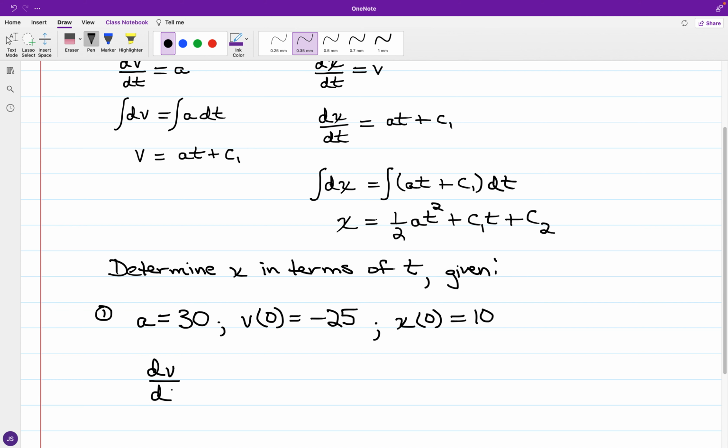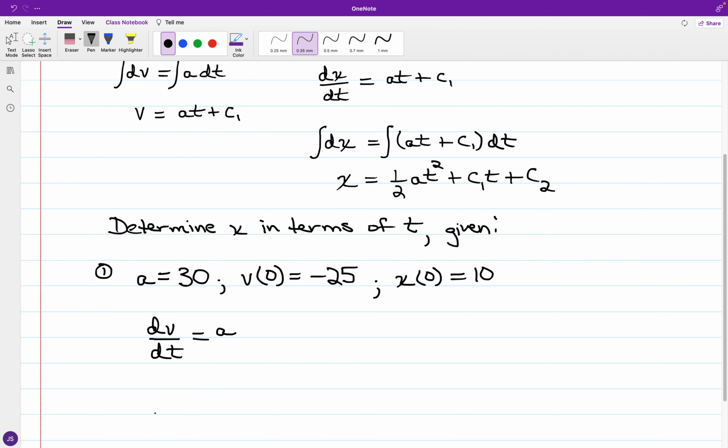Looking at setting things up, by the definition of acceleration, you have dv over dt is equal to a. Well, a we have already assigned as 30, so you have dv over dt is equal to 30.